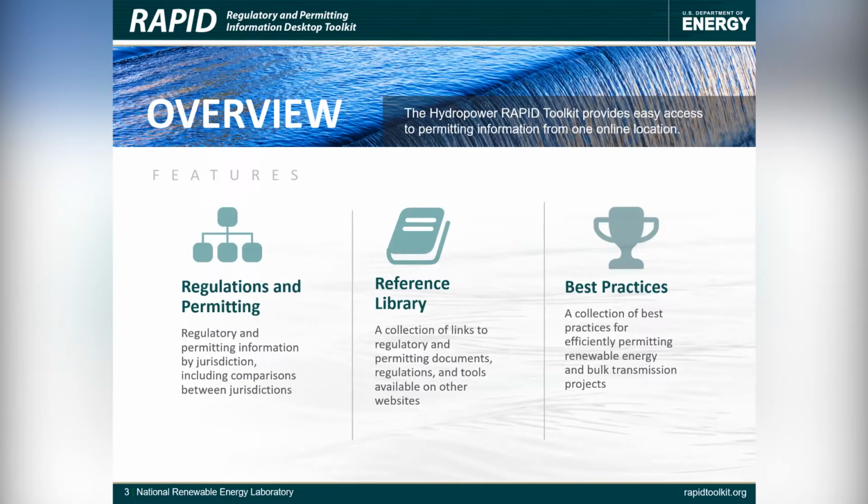So diving specifically into the Hydropower Rapid Toolkit, our Hydropower Toolkit includes 3 tools. One is our regulations and permitting database. This database includes state and federal permitting information. I believe at this point we have roughly over 20 states where we have state level information within hydropower in the Rapid Toolkit.